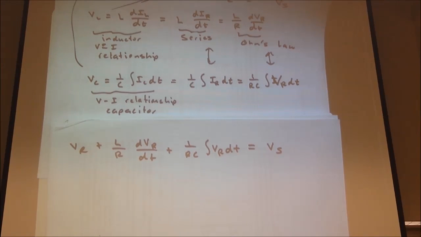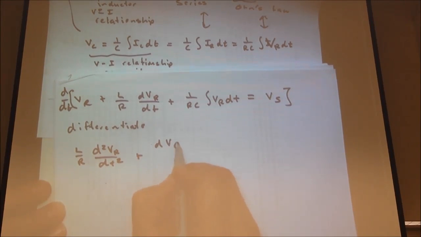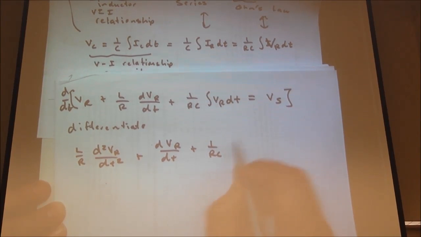We want to differentiate, exactly. So we differentiate, and I'll just put a big d by dt in front of the whole thing. And do a little rearranging on the fly here. So we wind up with L over R d²VR/dt² plus dVR/dt plus 1 over RC VR equals dVs/dt.